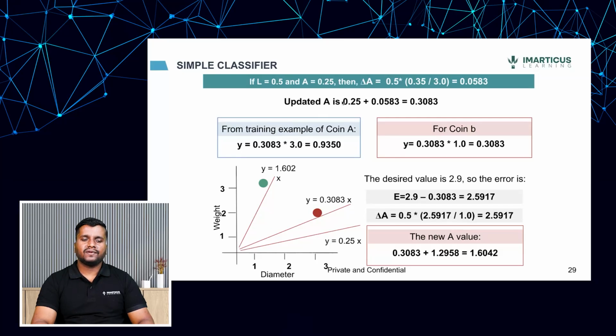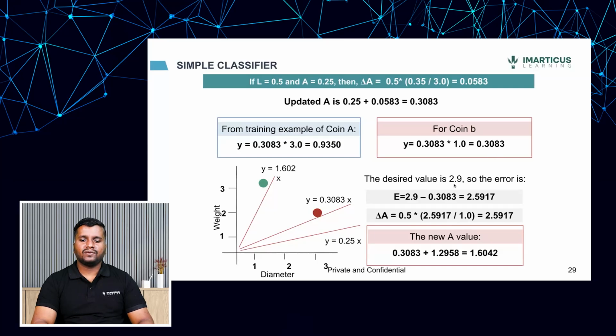So constantly we are going to keep on changing the value of A based on this learning rate, and it will moderate the flow of arriving at an optimal value of A. So from the training example of coin A, y is equal to 0.3083 into 3.0, and the value is 0.9350, and for coin B, 0.3083 into 1, the value of y is going to be 0.3083.